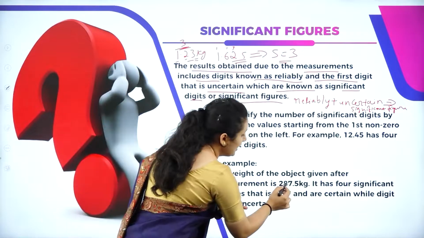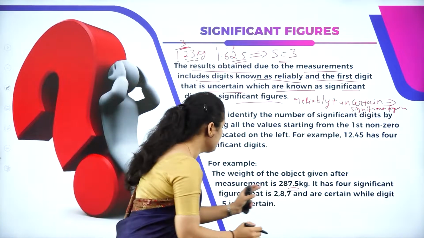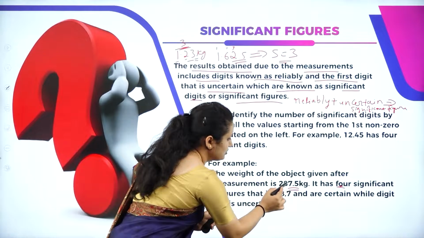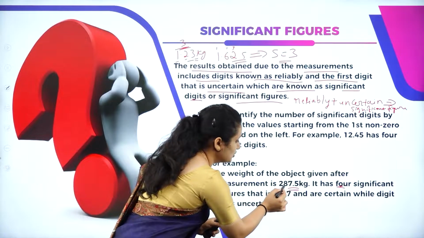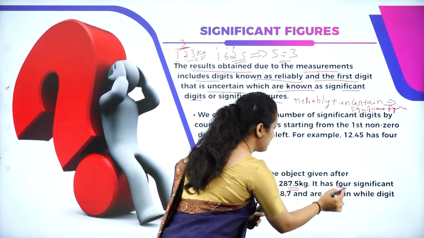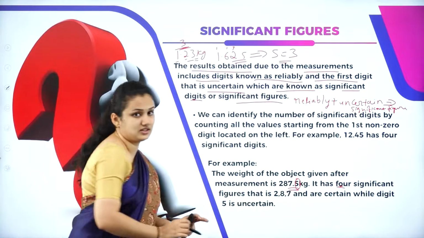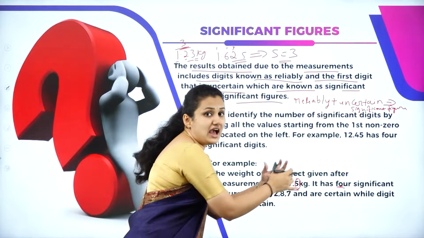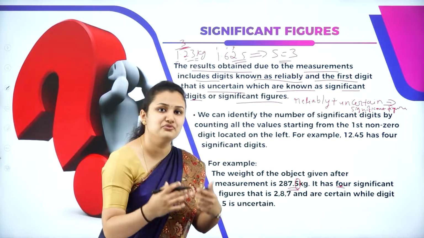You can see 287.5 kg is the weight of the object. It has 4 significant figures: 1, 2, 3, 4. The 287 are certain and reliable, while the last digit 5 is uncertain. So the reliable digits and the uncertain digit overall are my significant figures.